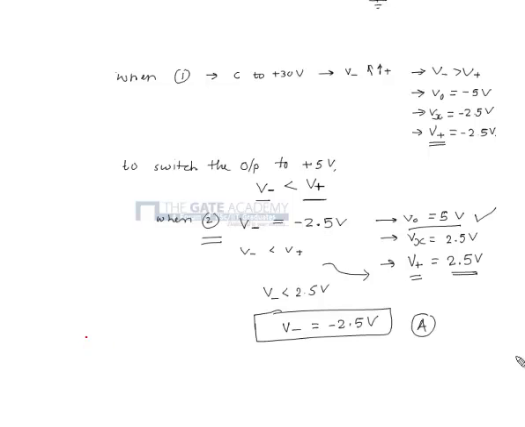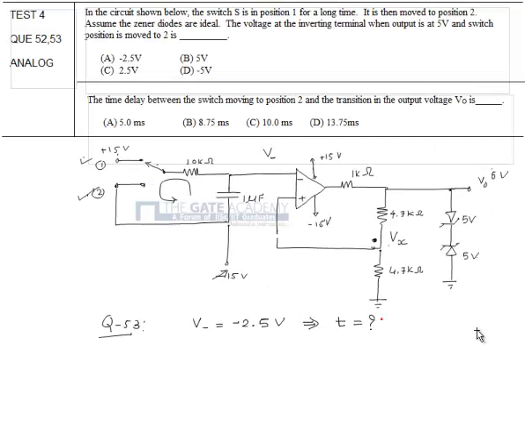Now for question number 53. Question 53 means the time delay between the switch moving to position 2 and V output switching from minus 5 to plus 5 is what?